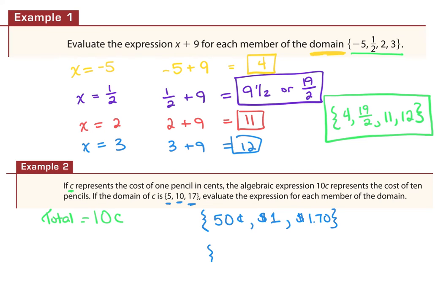So if you told me this was dollars, you could say $0.50, $1, and $1.70. If you left it as cents, then you would say 50, 100, and 170. But you kind of need to tell me how you're doing it. Okay.